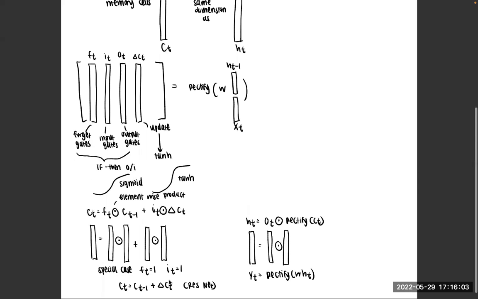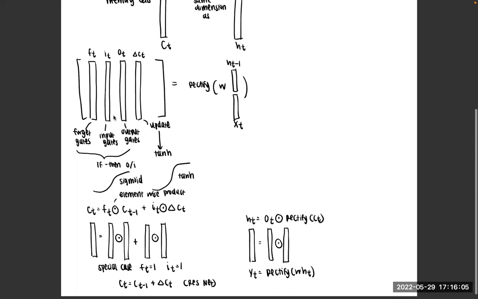Okay, so we have those gates. After computing those gates, we decide how to update CT, and then we have HT. We get this HT from OT, the output gate, right? OT, and then an element-wise product with the rectified CT, for example, tanh of CT.